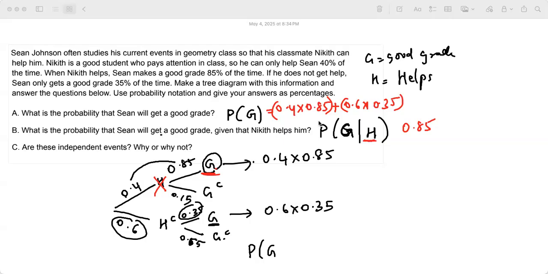Nikit is not helping, what is the probability of him getting a good grade? 0.6 times 0.35. You got it? So both you'll add together. But for the second question, what is the probability of getting good grades given that Nikit is helping him? Nikit is already helping him, but then after that, what is the probability of him getting a good grade? It's just 0.85. Make sense?